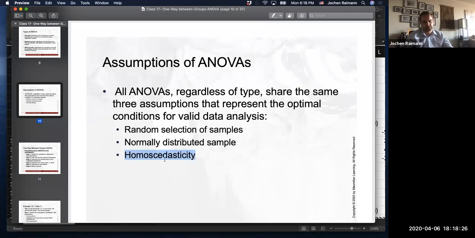Homoscedasticity is a very complicated word, and don't ask me how to break it down, because it's Old Greek. But essentially it means that the sample variability between the groups does not differ by more than a certain amount or threshold that you set.